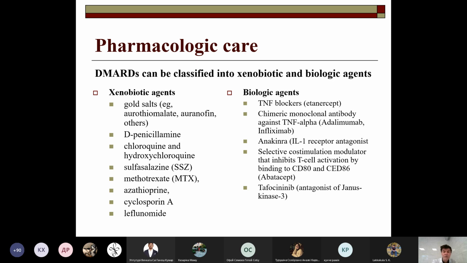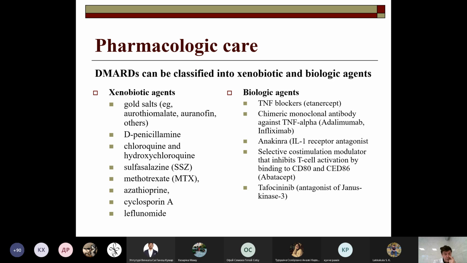So the most important combination, playing the pivotal role in reaching full control of the natural evolution of rheumatoid arthritis, is the combination based on methotrexate plus tofacitinib. The effectiveness of this combination is about 98%.